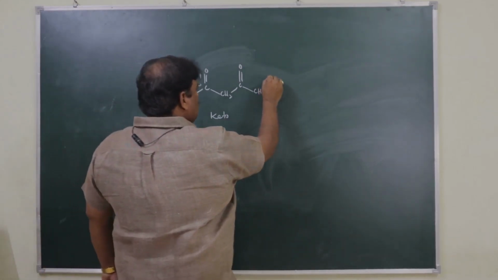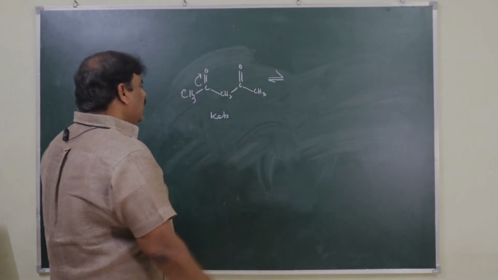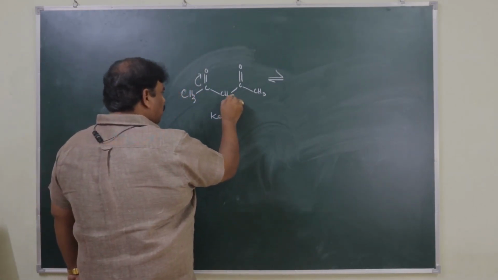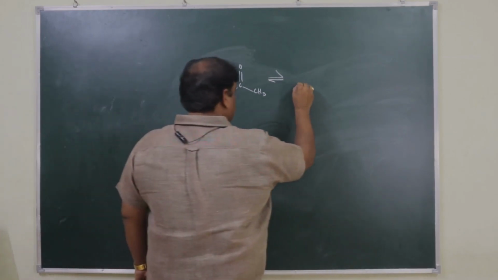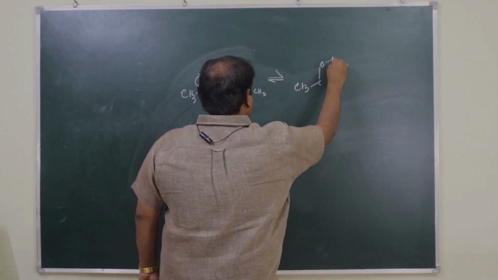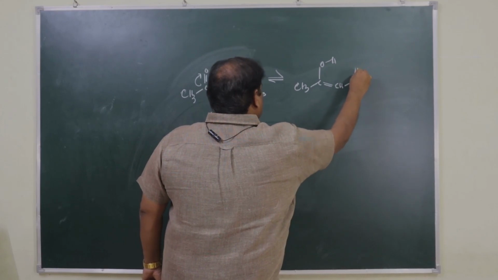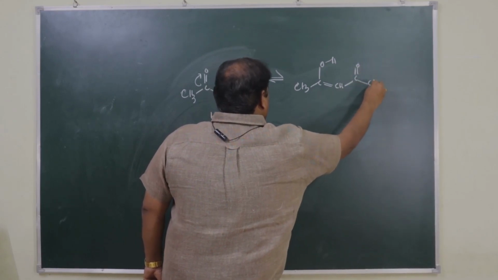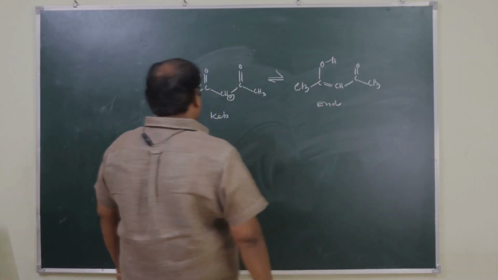And this is another form, formed by migration of a proton from this carbon to this polar group. This form is called the enol form.